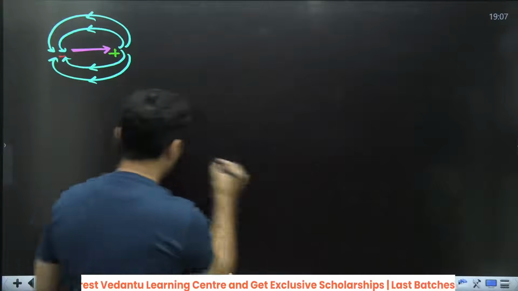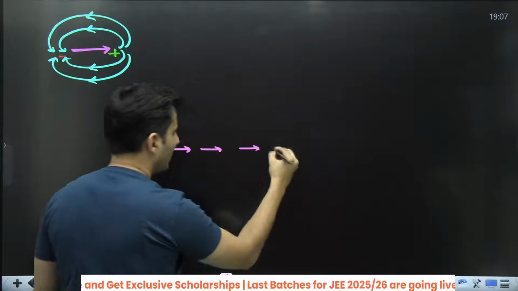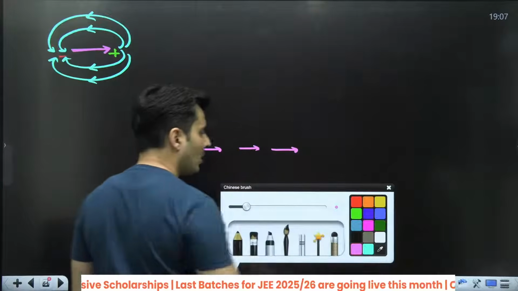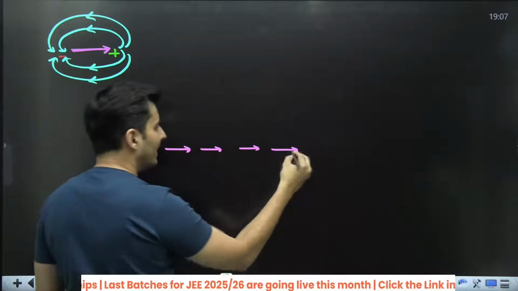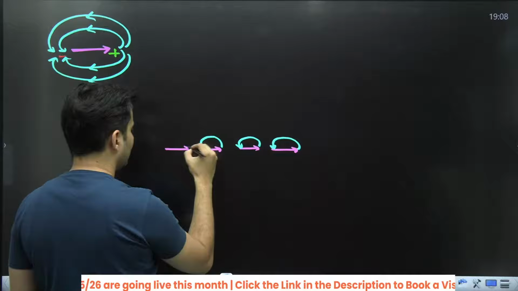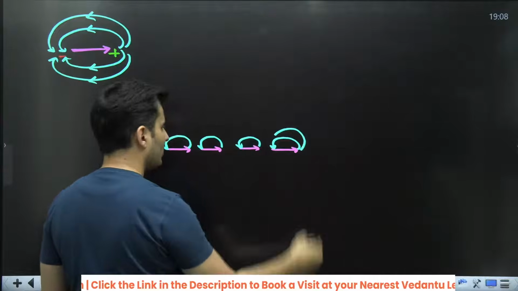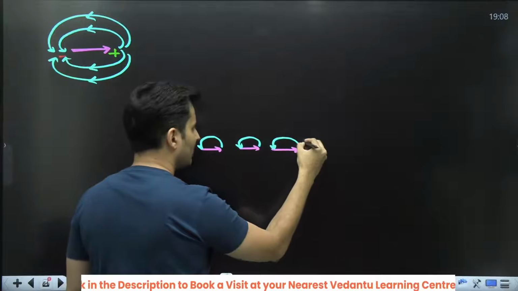Now just imagine there were some 3 or 4 such dipoles. How would the field lines look? It would look like this, like this. Then the next field line could not enter here because the gap in between is not enough.